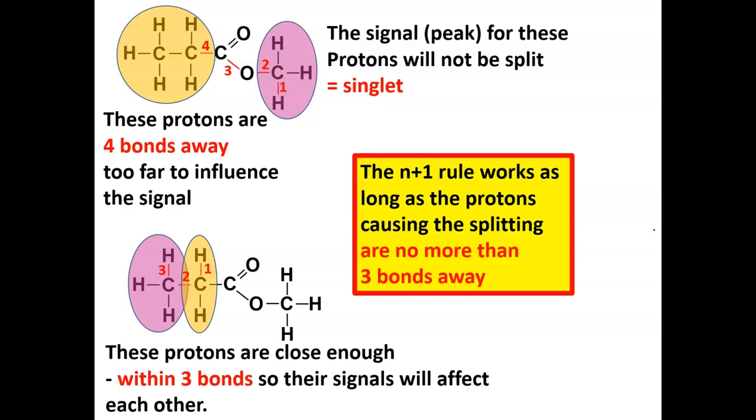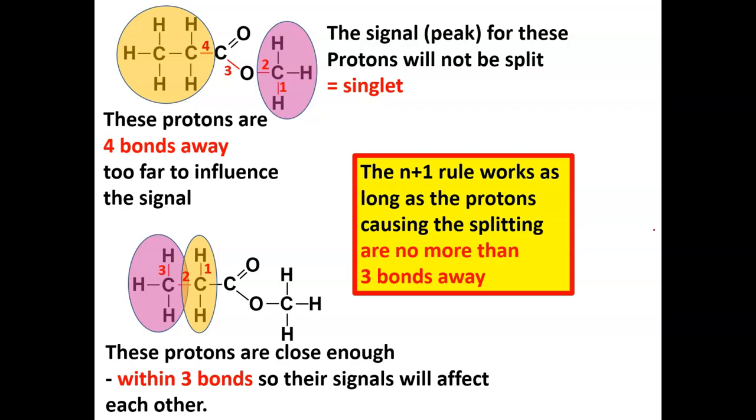So there will be no splitting, and that is why that is a singlet peak. The protons in the orange ring circled up beyond the carbonyl group, those are 4 bonds or more away. They will not influence the signal for our methyl group.